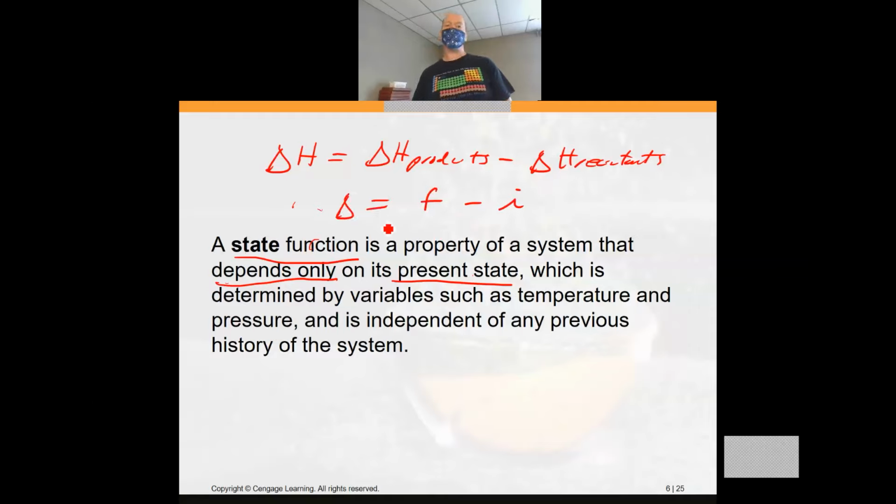So delta just means final minus initial. When you're doing a reaction, the final, that's your product. The initial, that's your reactants. If you want a delta T, change in temperature, that is your temperature final minus temperature initial. So it's always final minus initial. In a reaction, products minus reactants.